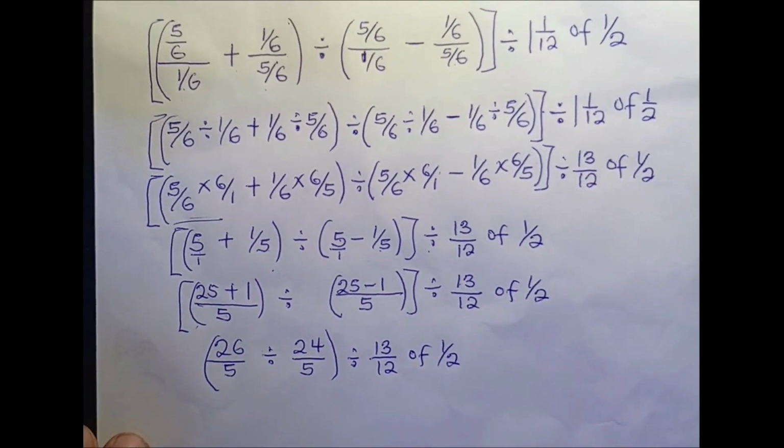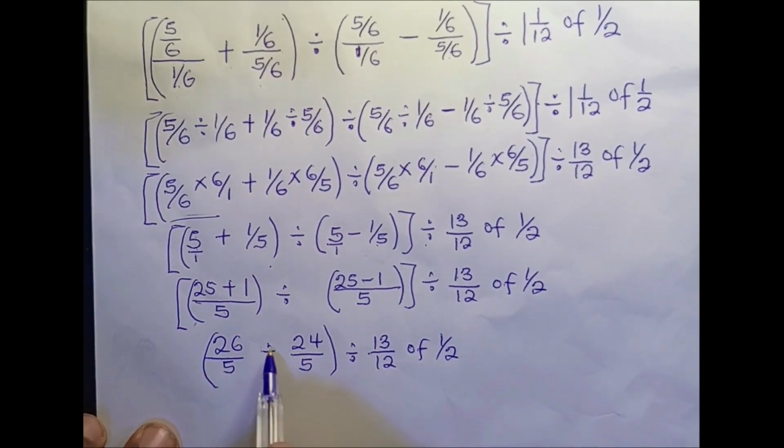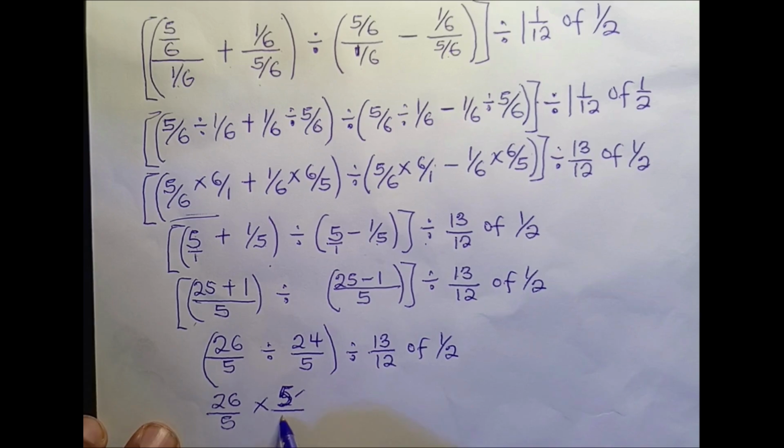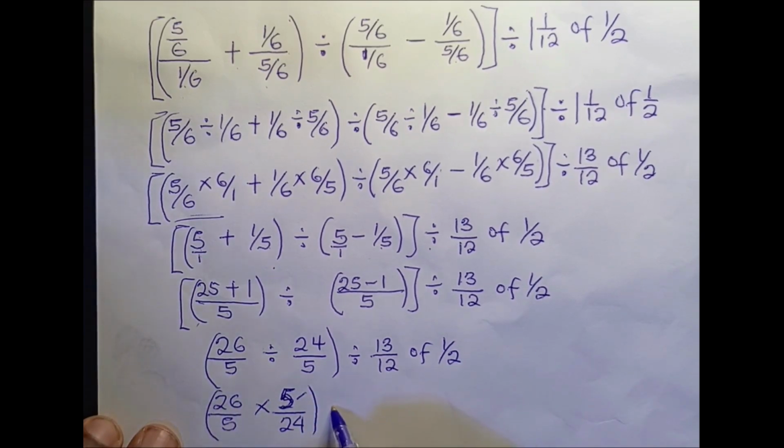So let's move on. We can again simplify this fraction in the brackets by converting the division sign to multiplication, and that will give us 26 over 5 times, taking the reciprocal of that, 5 over 24, bracket close, divided by 13 over 12 of half.